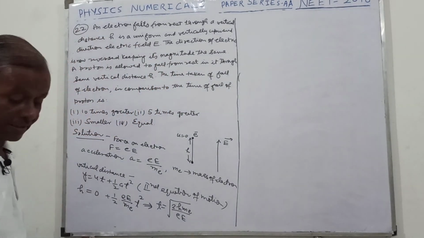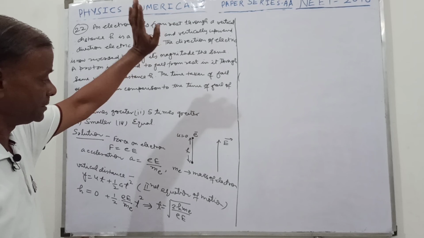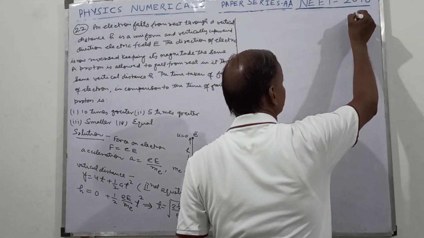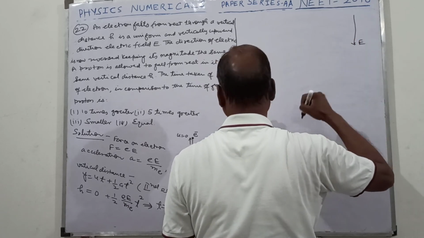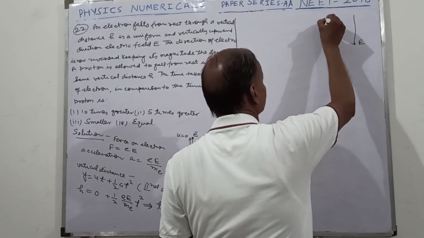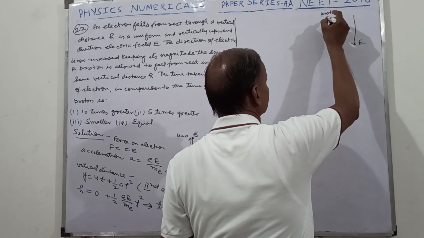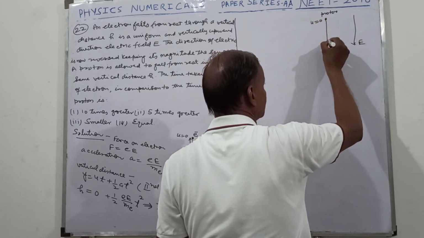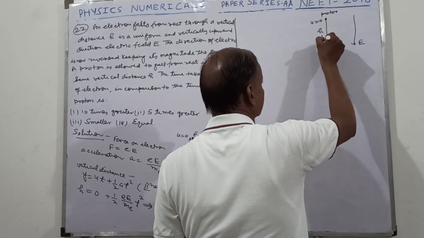Then what is given? The direction of electric field is reversed. First it is vertically upward, then it is vertically downward. So now this is the second situation. This is the electric field E. This is now the proton. It falls from rest through the same height h.